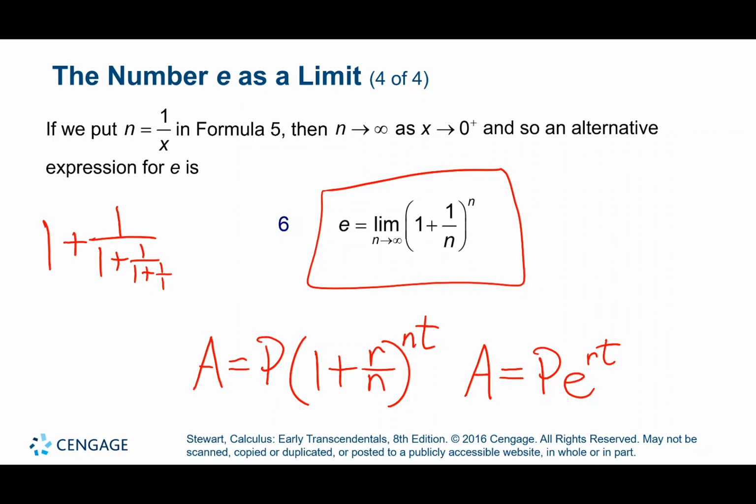You can write out a definition for e with that type of thing. And you can also define e as an infinite series, so you'll see that. All right, so that's out of the way.